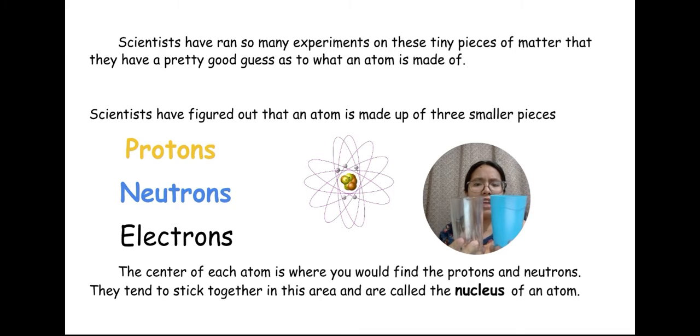At sinabi ng scientist, okay, so pareho siyang baso, halos pareho din siya ng size. Ibig sabihin, pareho din siya ng laki. Halos pareho din ng taba. Okay? Pero, bakit mas mabigat to kaysa dito? Anong meron sa loob nito? Bakit mas mabigat to kaysa dito?